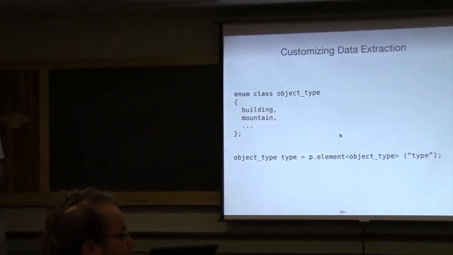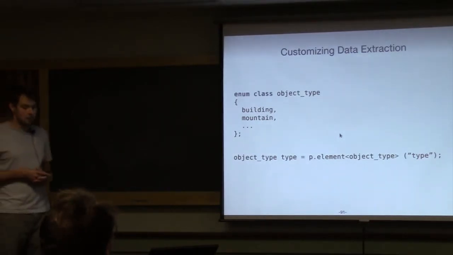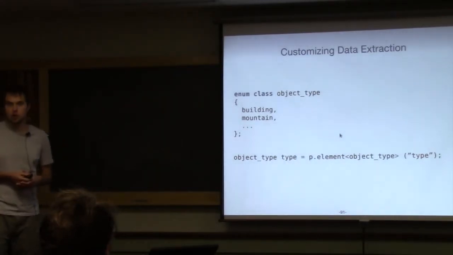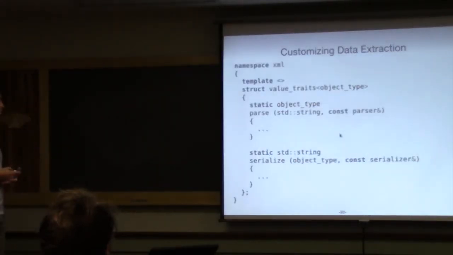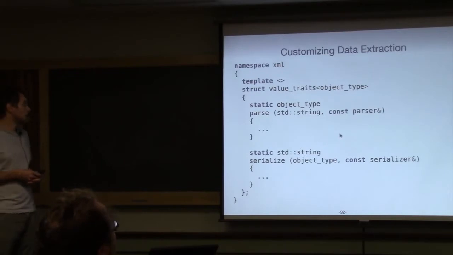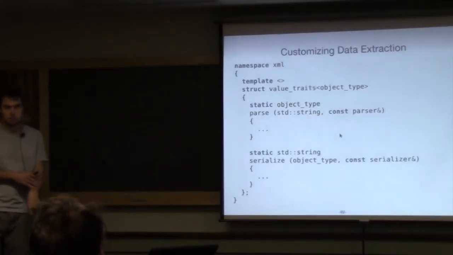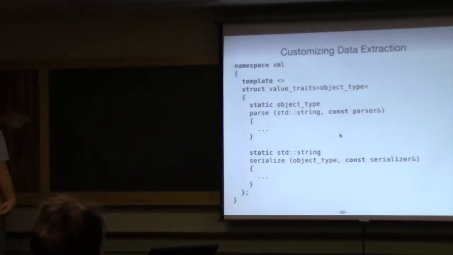The parser doesn't know how to convert the string representation to our object type, and by default it will use the IOStream extraction operator, but we can also provide XML specific conversions by specializing the value traits class template. So if you don't want to provide the IOStream operators, or if the values are different, you can go this route.